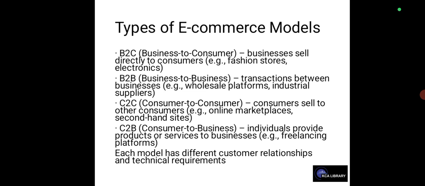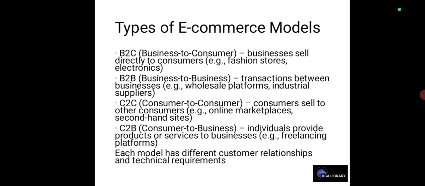Now, when you go through all these models, each of the models has different ways it relates with its customers, and the technical requirements are also different for all the models. So that's it. If you want to design an e-commerce website, you have to first sit and think and choose which of the models you want to adopt.